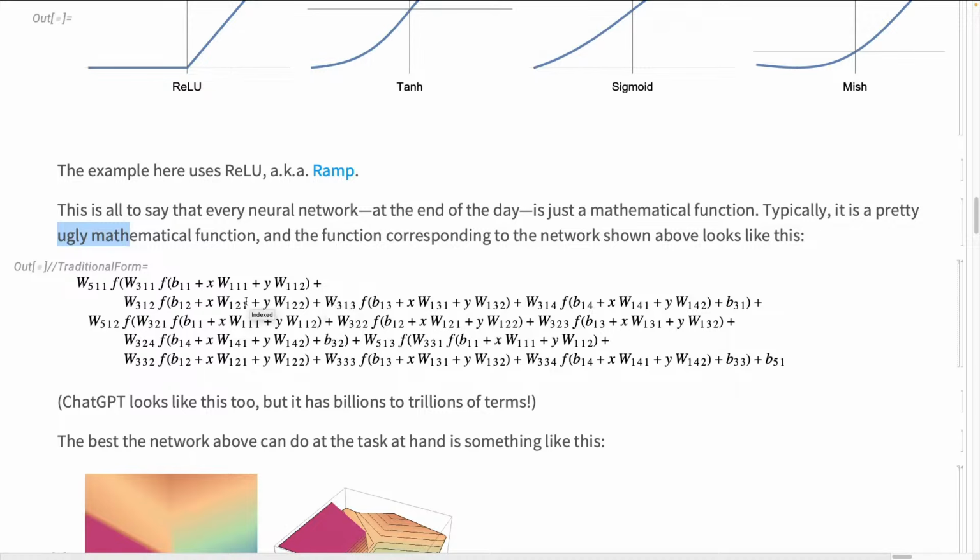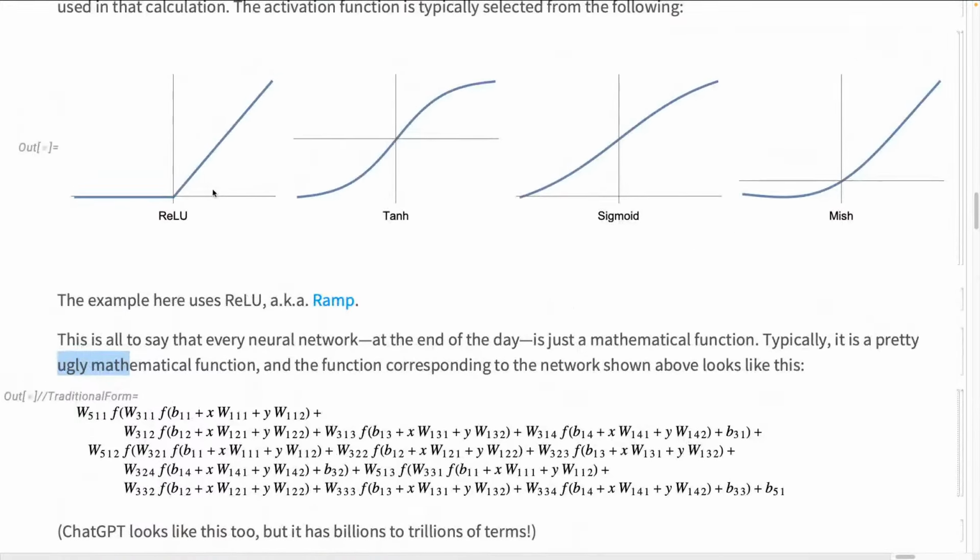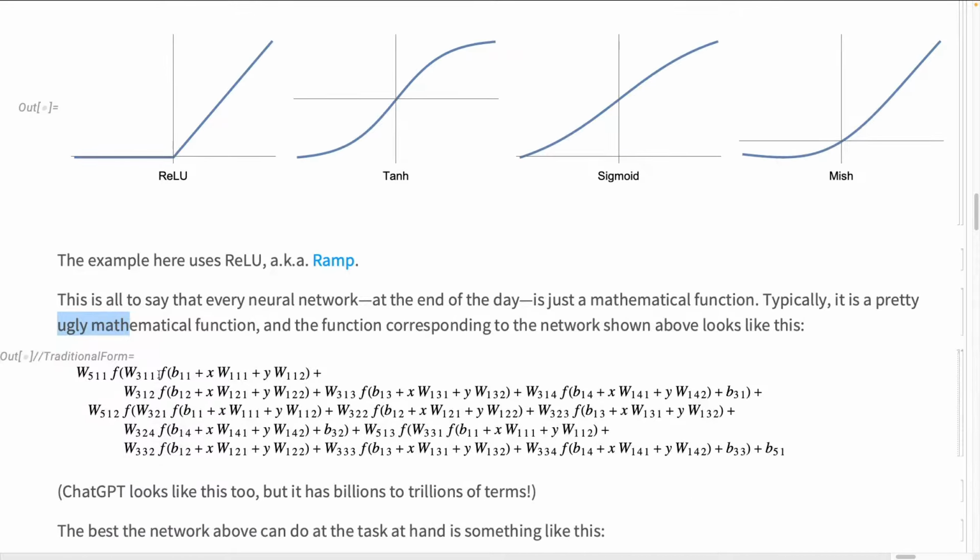But fundamentally, the point is that here we've just got some number, and we're going to multiply it by another number, just another number. It's just basic multiplication and addition at every step, except for the activation function, which in our case is ramp. So it's just setting negative numbers to 0. So basically, anytime the input of f is negative, it gets set to 0.